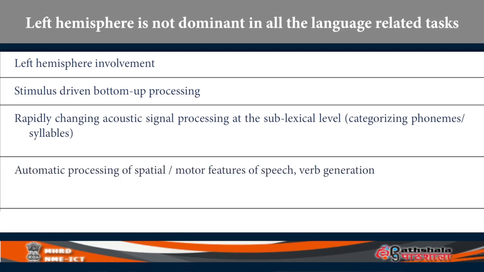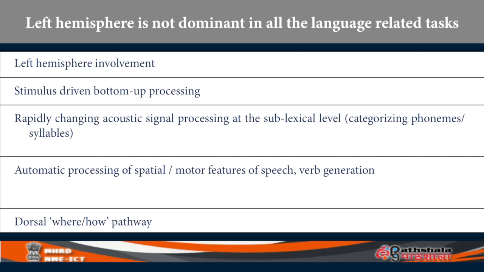Also in automatic processing of spatial and motor aspects of speech, as is the case with generation of verbs when you are shown nouns. So the left hemisphere also makes use of the dorsal pathway.